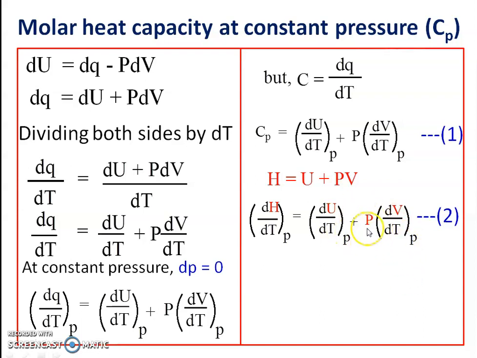Here pressure is constant. So this is the differentiation of the mathematical expression of enthalpy, and this is equation number 2.